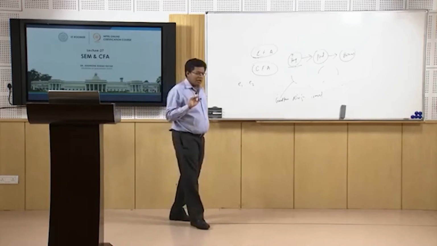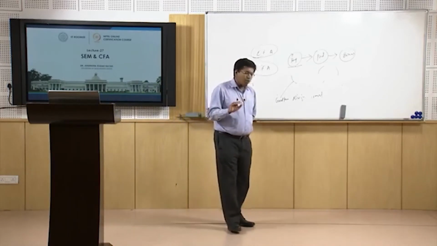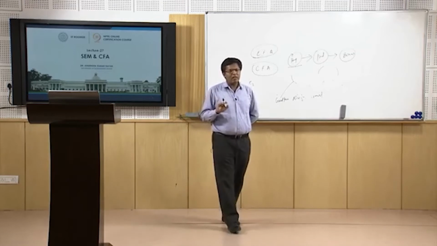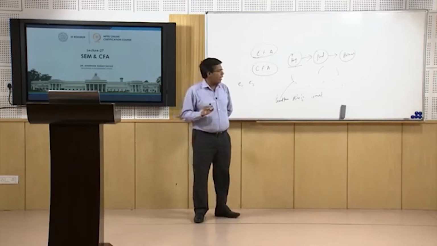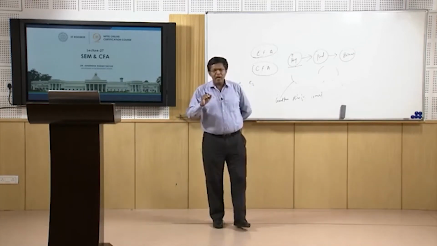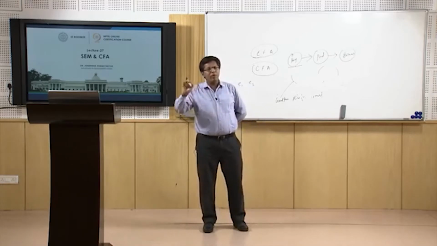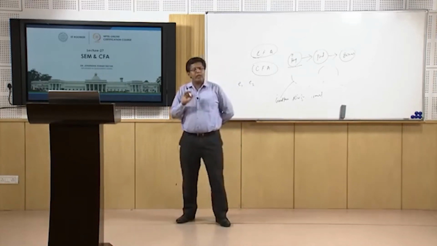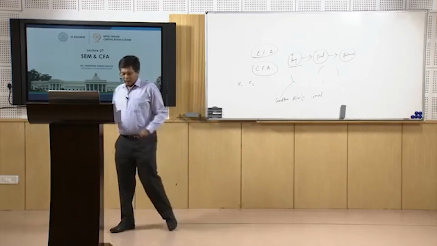That is not a wise thing to do. A researcher should always try to have a minimum of 3 or 4 or above number of items to explain a construct. Okay.